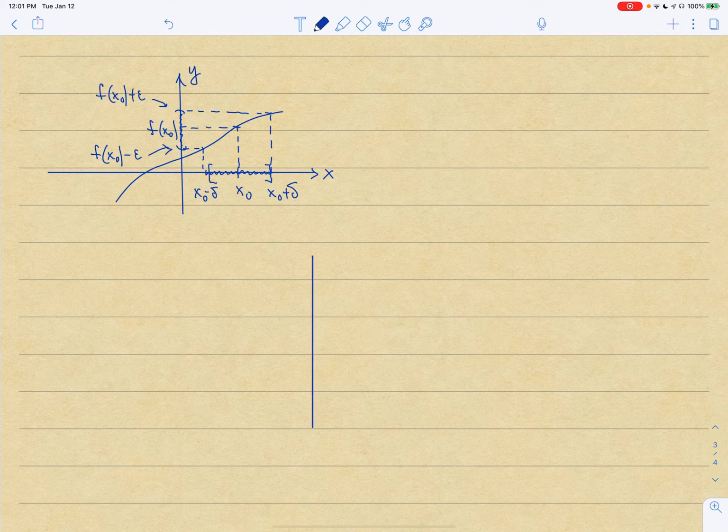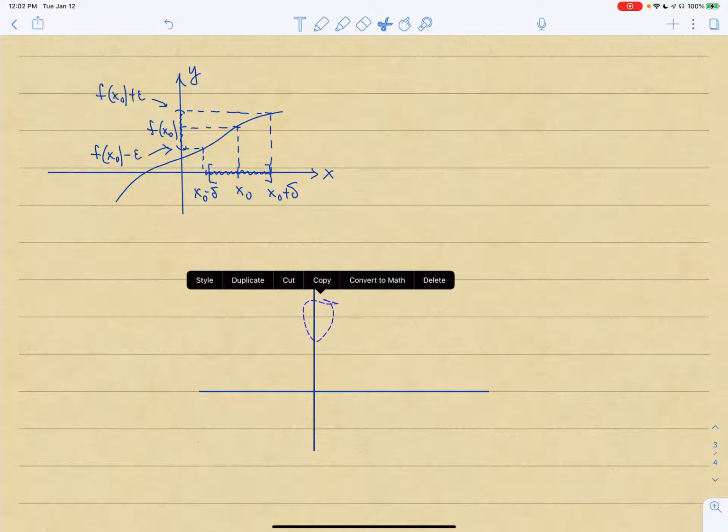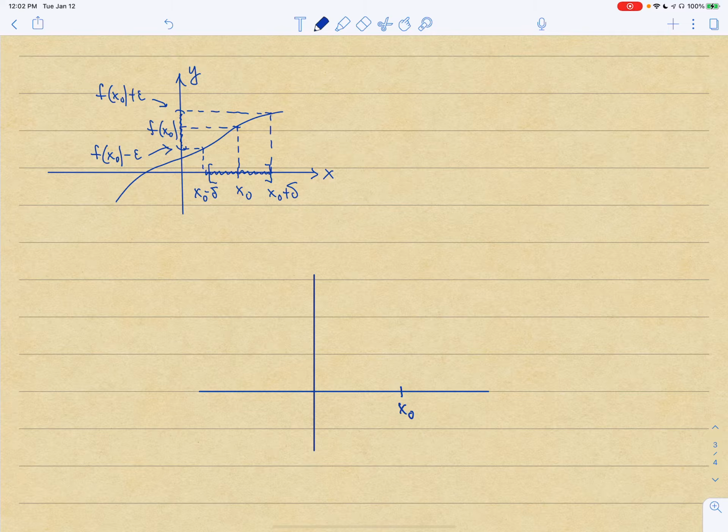So once again, I have a set of coordinate axes, except that now, let's make the function discontinuous. So we have a point x0, and I have a function that jumps like so. So f of x, x, y.